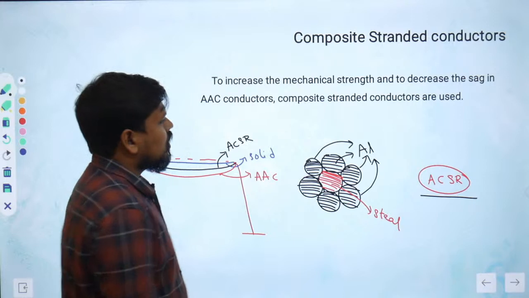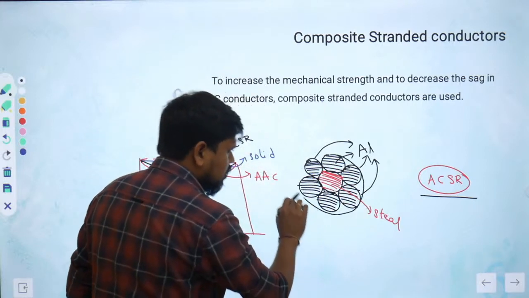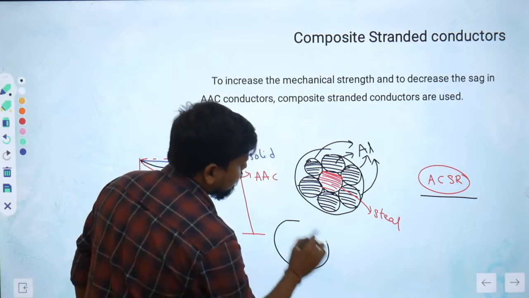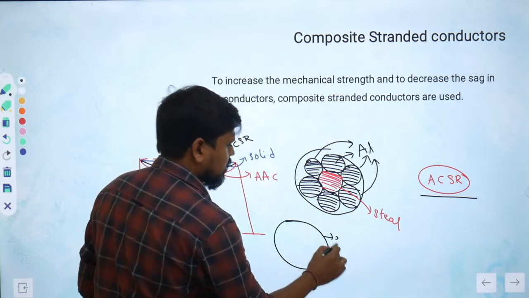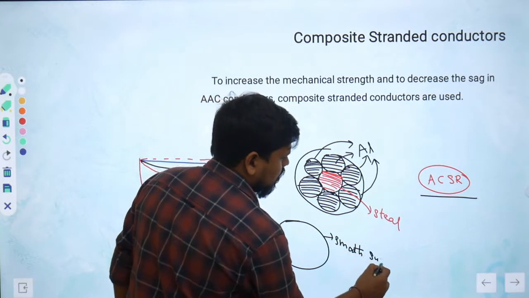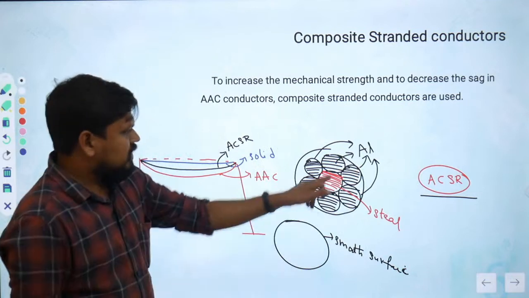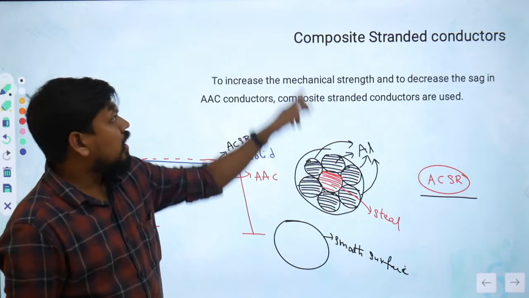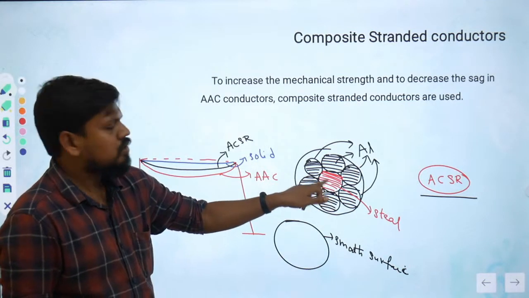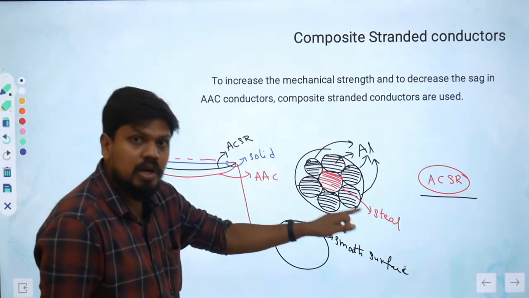But is this surface smooth? When you compare with the stranded conductor, the solid conductor has a smooth surface. When you compare with the stranded or composite stranded conductor, is the surface smooth or rough?